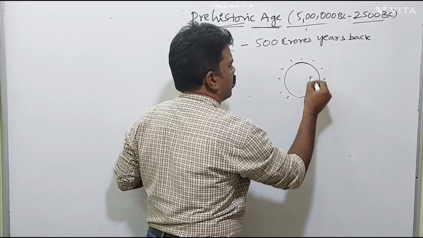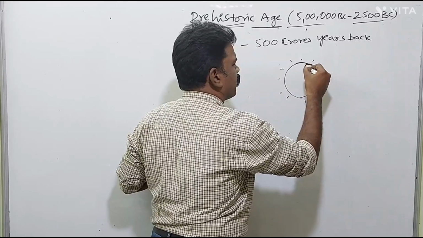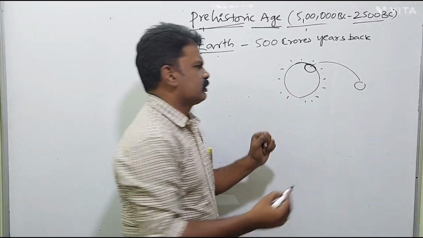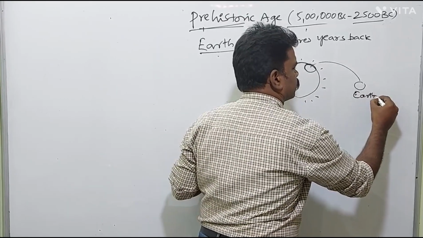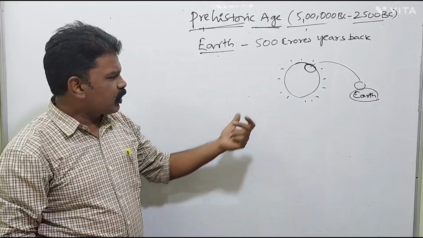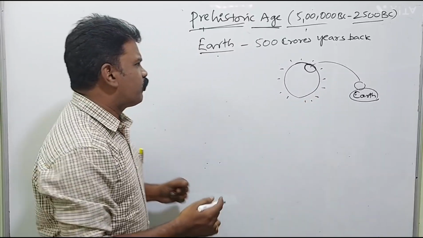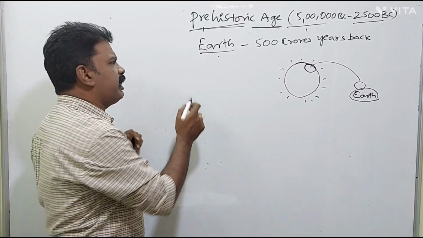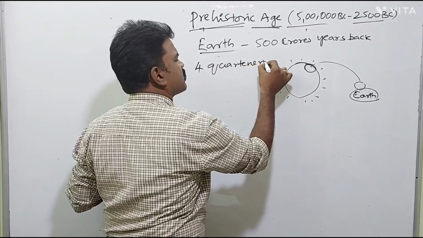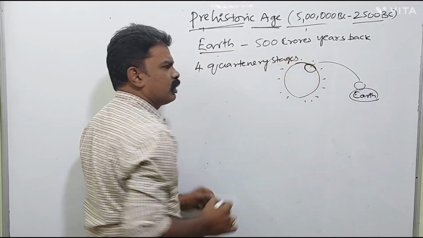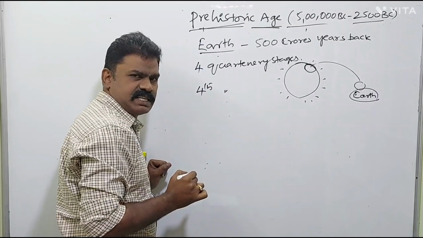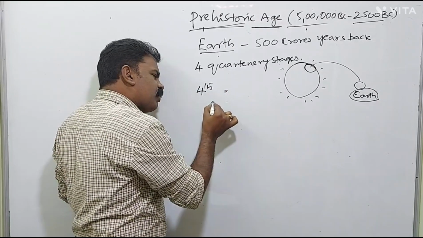This is the sun, and a small piece deviated from the sun. This is the earth. Initially it was very hot. Later it became very cold. In that stage, the earth was divided into 4 quaternary stages. In the fourth quaternary stage, the earth was completely covered with ice.